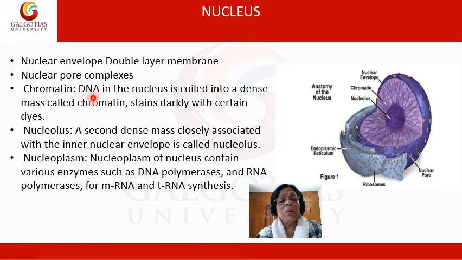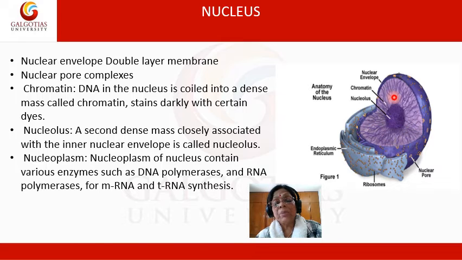Then chromatin: the DNA in the nucleus is coiled into a dense mass called chromatin. It stains darkly with certain dyes. So we can stain the chromatin or DNA with the help of dyes, and locate them very easily under the microscope.